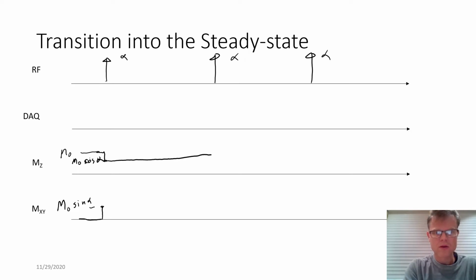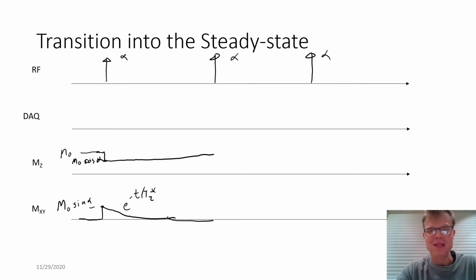Then, maybe a little hard to see, there's going to be T2 star decay. For now, let's assume that it's 0, and in the next TR we'll refresh on that briefly later. And then there's been some T1 recovery here, but not complete, so we might be at some smaller value.